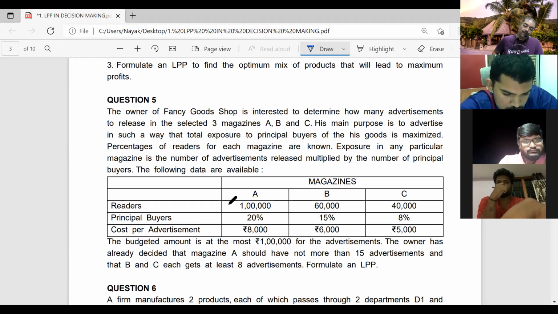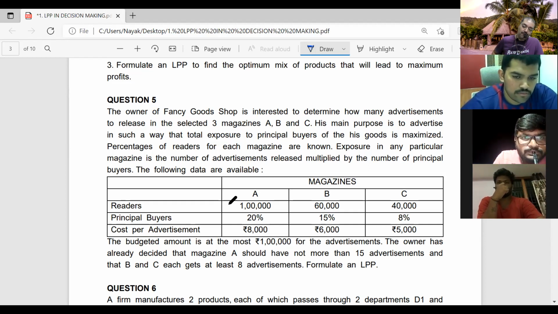Read the question. Maximization, minimization, maximization of what? Advertisements, minimization of cost. Where is it given? Which part of the problem says that we have to minimize the cost?